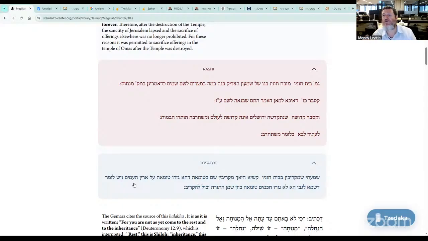Beis HaPras is if you have a graveyard or an old graveyard that's been plowed over, and we don't know if there's graves there or not, then it's a questionable place of impurity. Beis HaPras means if it's been plowed and therefore there's bones all over the place, it becomes a place of impurity, and it affects the laws of tithings, the laws of kohanim, the laws of impurity.